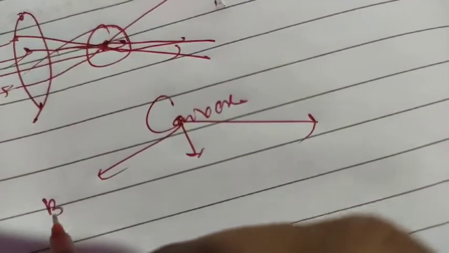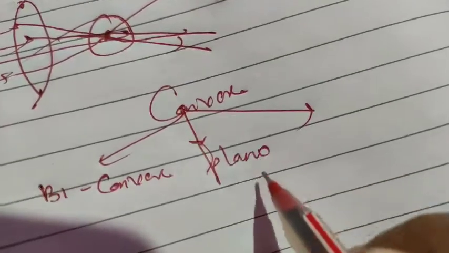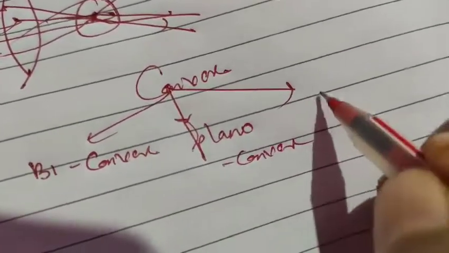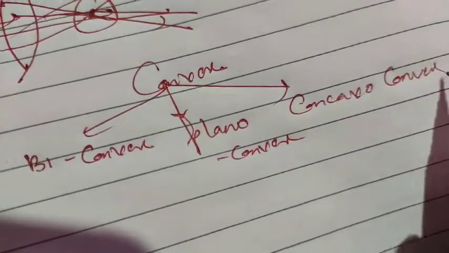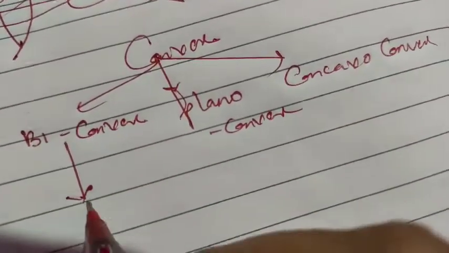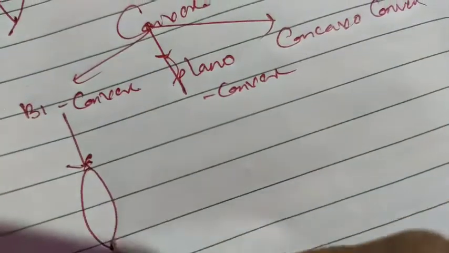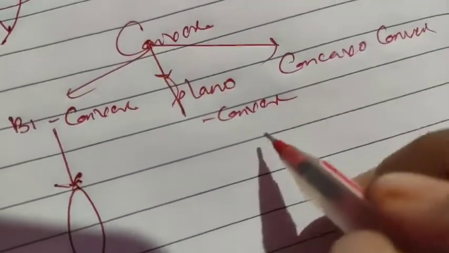One is, student, double convex lens, or we can say biconvex lens, that is also right. Biconvex, plano-convex, and third is concavo-convex. Clear to you? So how can I draw, student, a biconvex lens? The structure is like this: two outermost bulging parts.